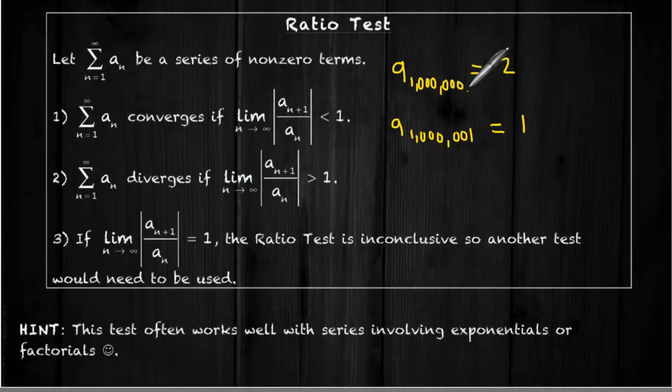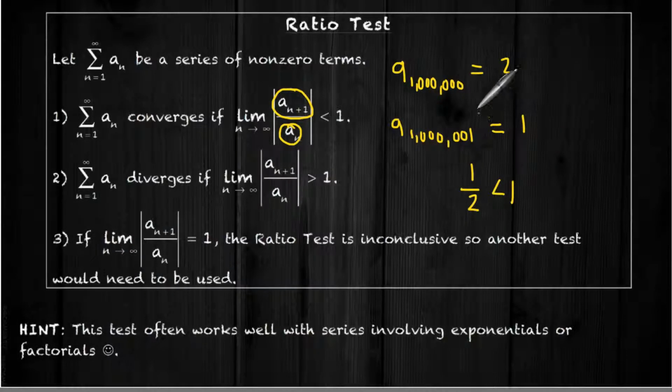So you have the millionth term is 2. The very next term after that is 1. Well, if you divide the n plus 1 term, the last one, by the one that came before it, 2, that's less than 1, and that means it's going to converge. You say, well, how do you deduce that?